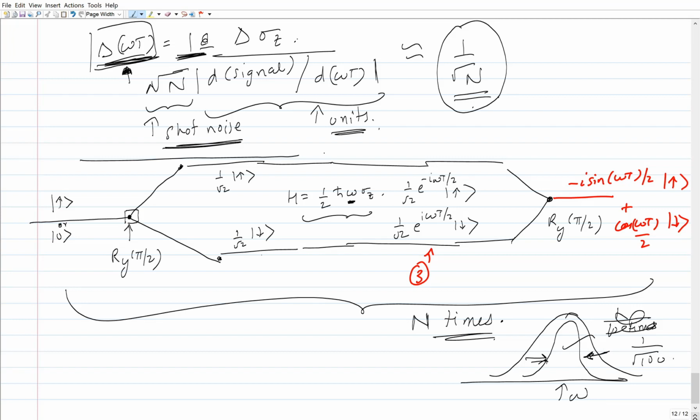So n independent trials of this experiment with n independent atoms give me a scaling of 1 over square root of n. Now the question that arises is, can we do better? Can we do better than a 1 over square root of n scaling?